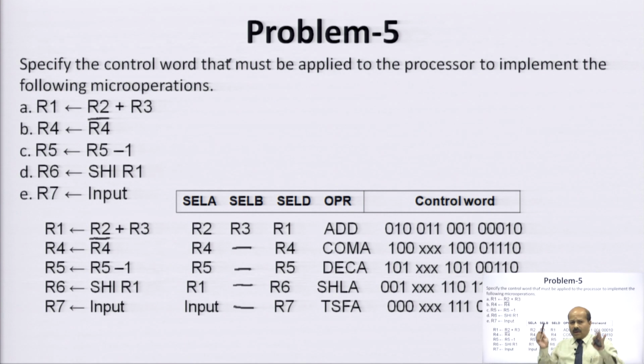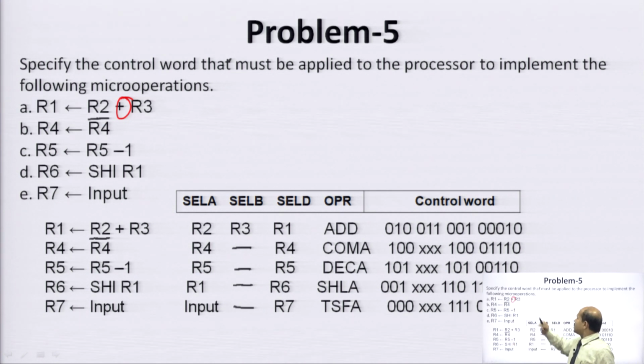Taking the reference of the same example we discussed in processor organization, to write the control word, 3 bits are used for operand 1, 3 bits for operand 2, 3 bits to select the destination, and 5 bits to write the operation code.